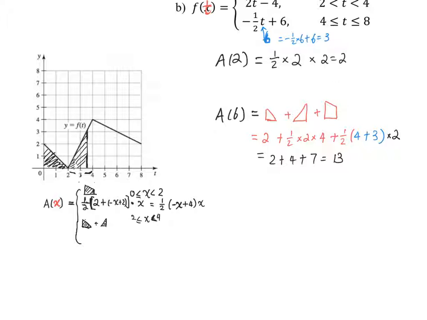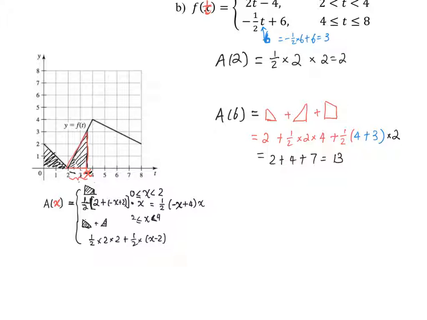The area of this first triangle is 1/2 times the base times the height, plus, now keep in mind your x is here now, right? So this is the triangle you're talking about. And let's look at the base. The base is from 2 to x, therefore the base is x minus 2, because from 2 to x the distance is x minus 2.